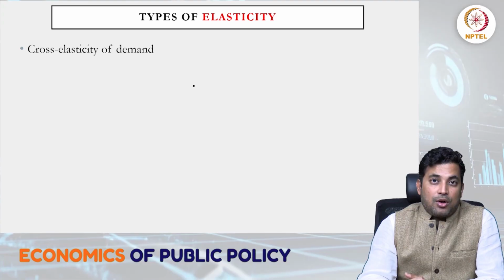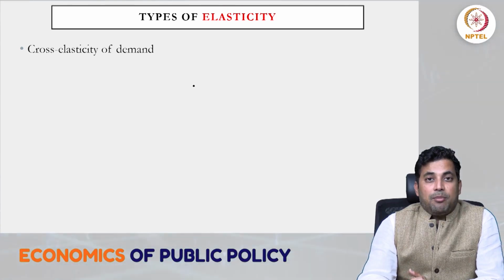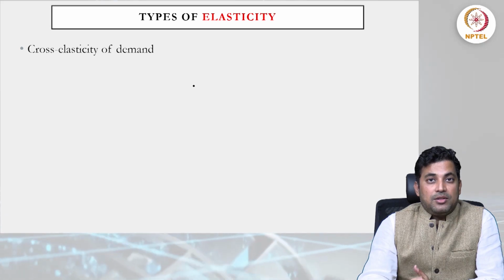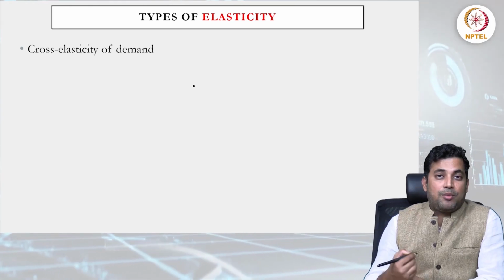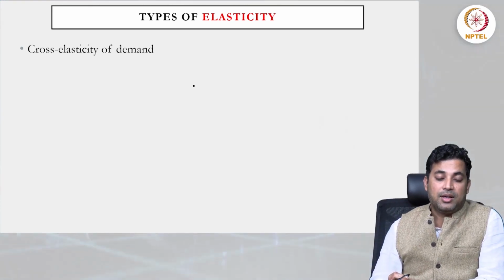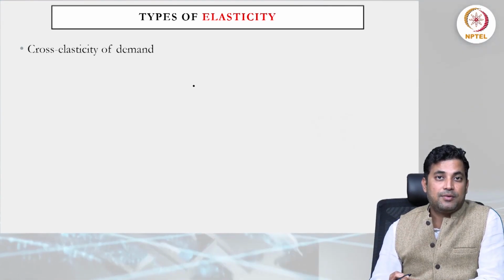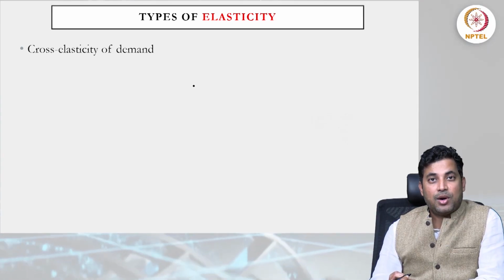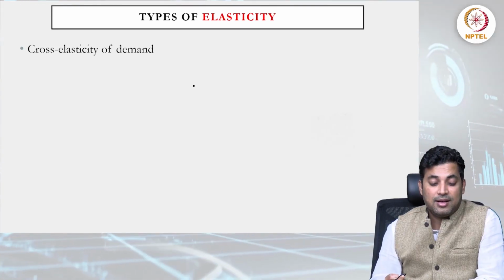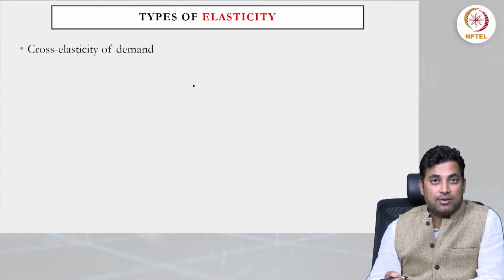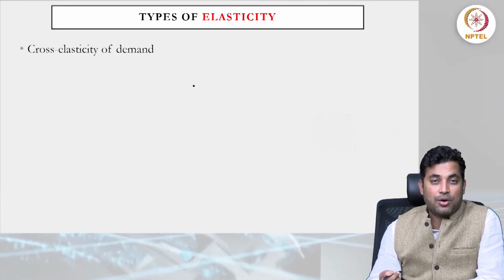Demand for one commodity does not depend only on the price of that particular commodity changing, rather it also responds to the price of other commodities. Say if the price of commodity Y changes, then what will be the demand for commodity X, and vice versa. So this applies in case of substitute goods or complementary goods.